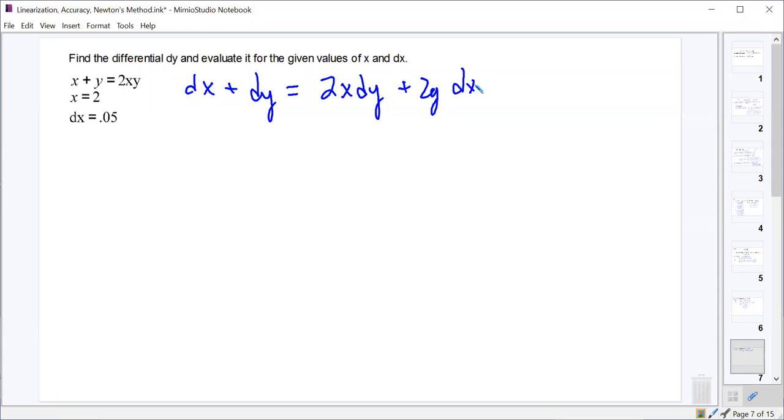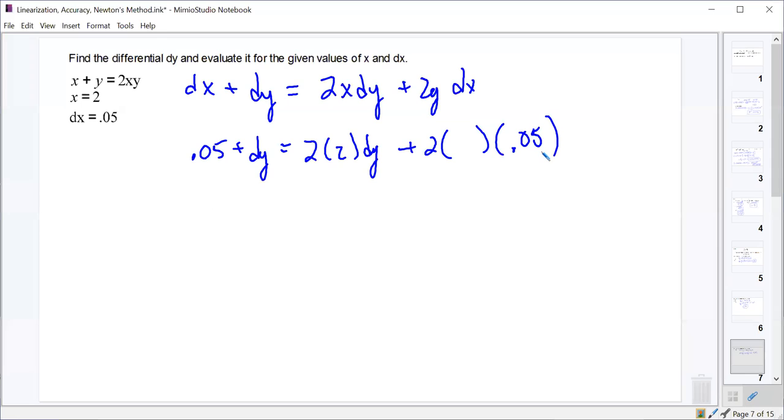And the only issue that we're going to have is, what's the problem we're going to have?